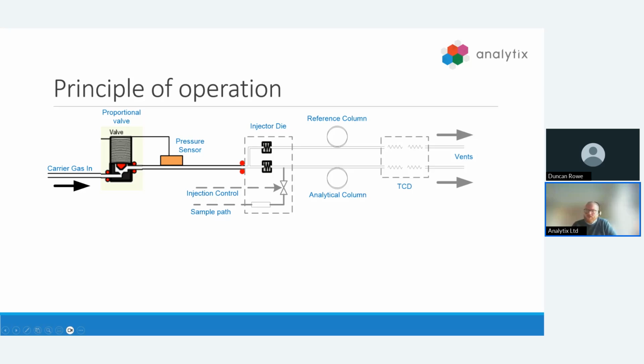Then you have your sample injected in the sample path and through the injection control. This will then fill the sample loop, where it's mixed with your carrier gas. This will then travel into the analytical column flow path to the TCD detector, where we'll get an analytical measurement of carrier gas plus our unknown or sample, while on the other side, we'll have a reference of just carrier gas.